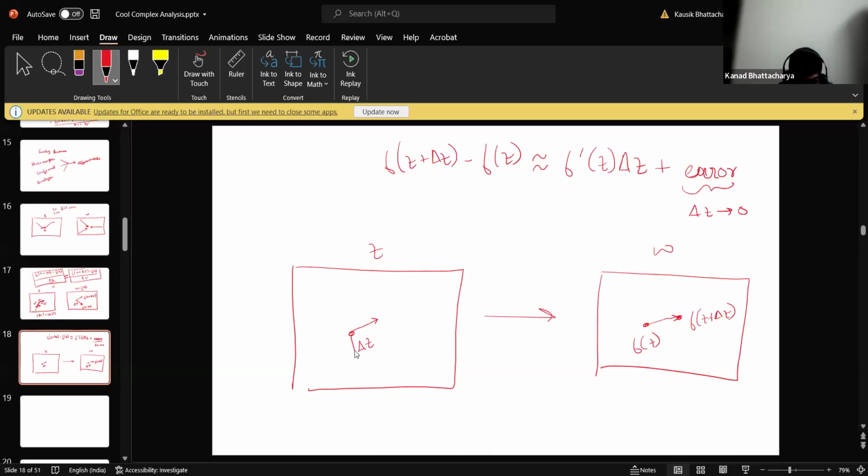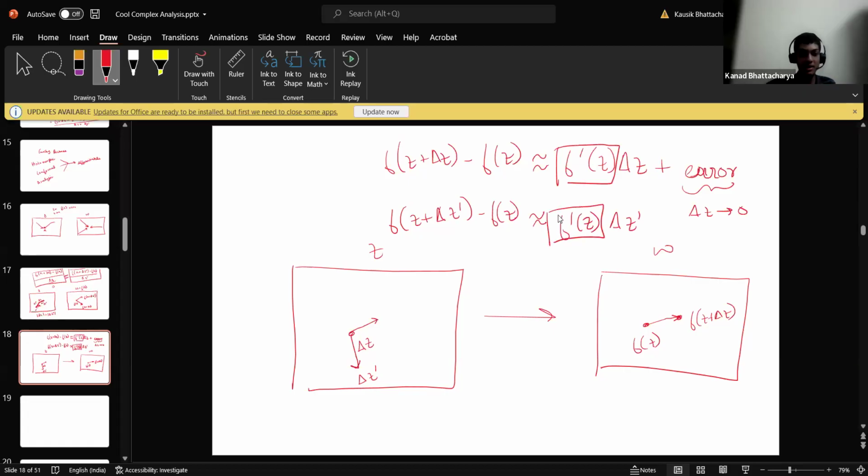So now what I'm trying to stress is that if we were to take another delta z dash in some random direction, then also f of z plus delta z dash minus f of z, we would still have the same relation. Like this slope term, or the way in which the delta z vector needs to be scaled so that it becomes the delta f vector, the scaling and rotating factor needs to be the same.